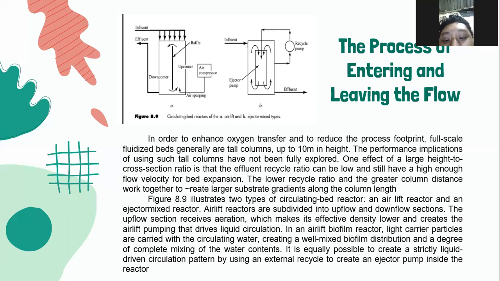In an airlift biofilm reactor, the carrier particles are carried with the circulating water, creating a well-mixed biofilm distribution and a degree of complete mixing of the water content. It is equally possible to create a strictly liquid-driven circulation pattern by using an external recycle to create an ejector pump inside the reactor.